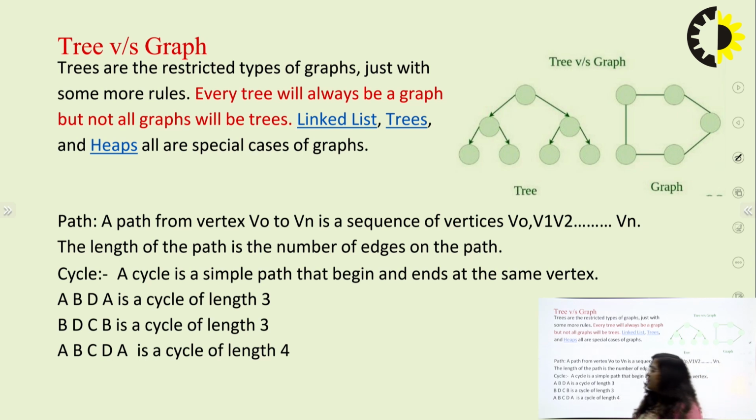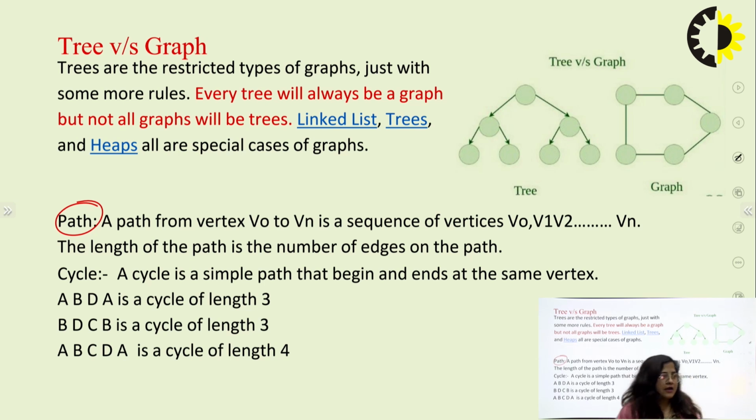Now we come to finding the path. What is a path? A path goes from one vertex to another vertex. If you want to move from source to destination, check the number of edges required.